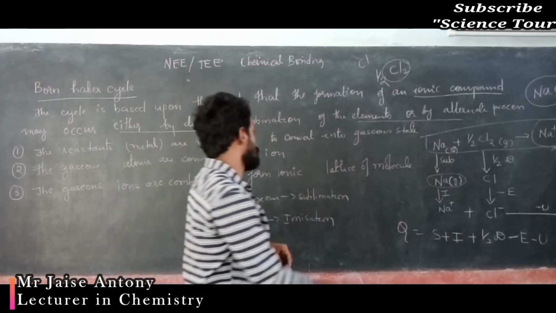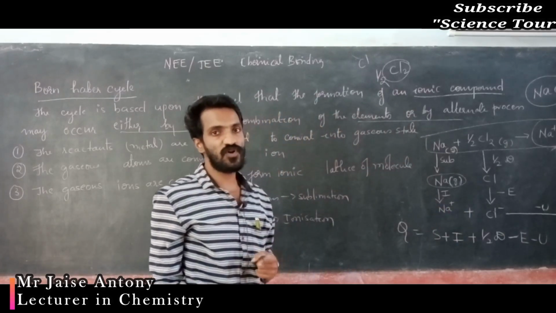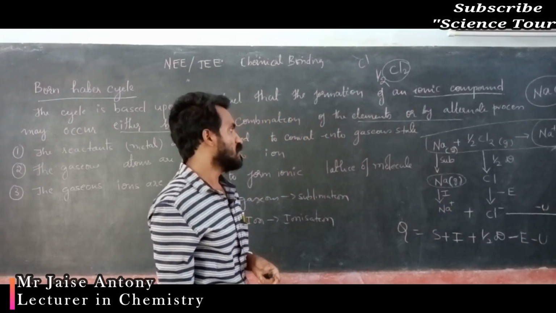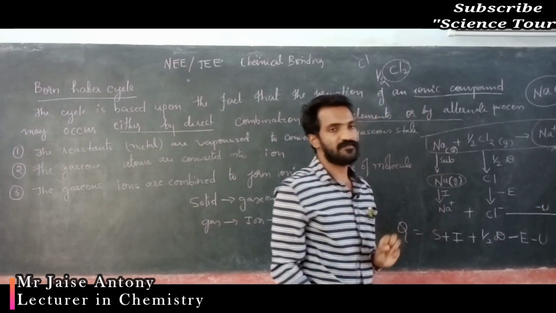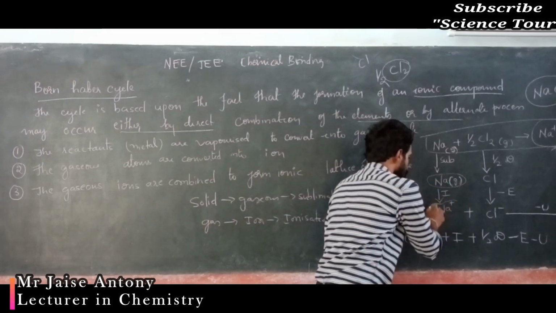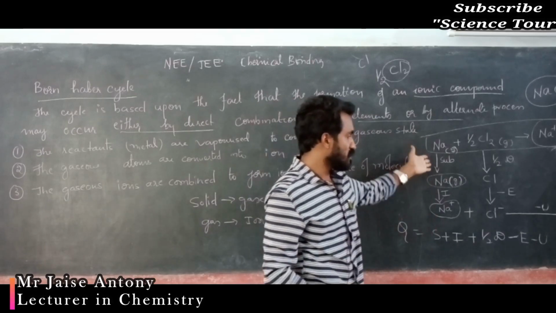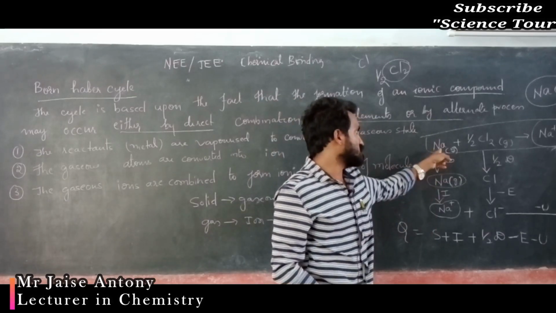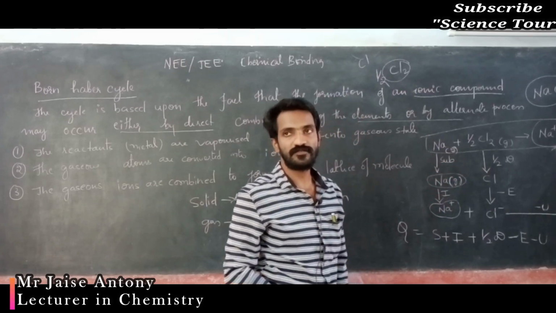One electron is removed, so it becomes Na plus. Gaseous atom gets converted into ion. That is the second process for sodium. Now sodium is ready. See, we got the ion. It is a two-step process: first step is solid to gaseous, then gaseous to ion.